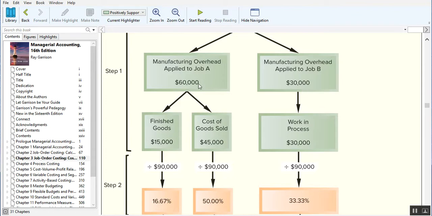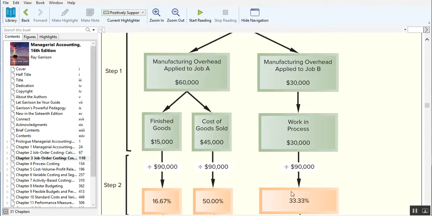For both jobs, for job A, you have 60,000 in here, which is the total overhead applied to it. Then you have finished goods, cost of goods sold. This is where, divided by 90,000. Same for job B. You have 30,000 divided by 90,000.